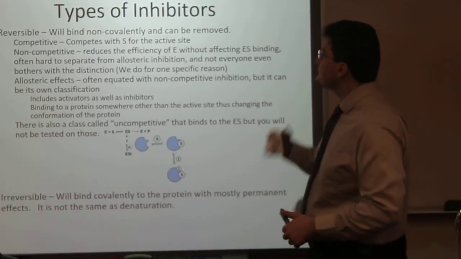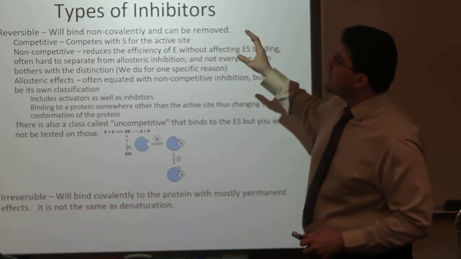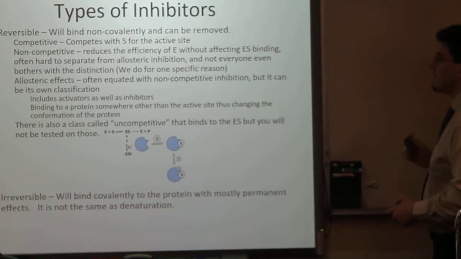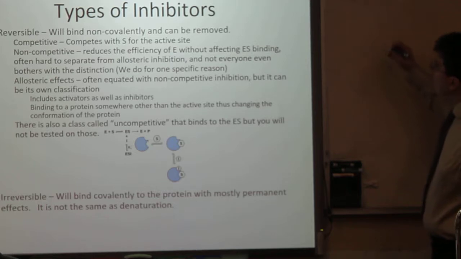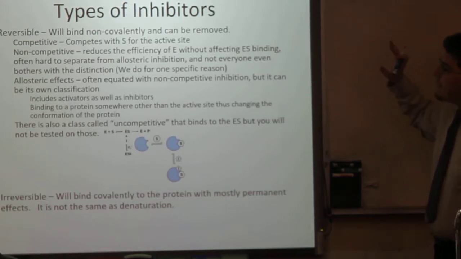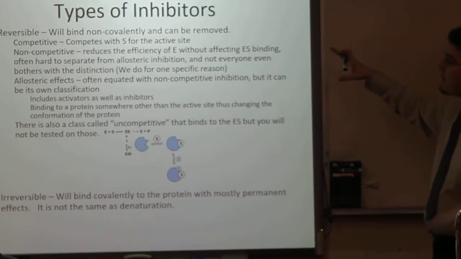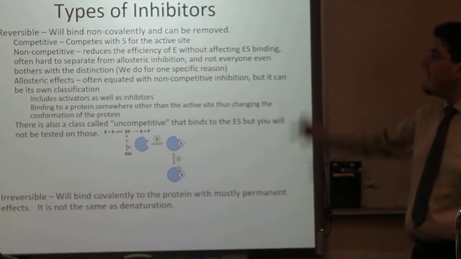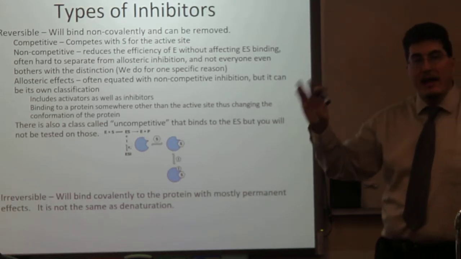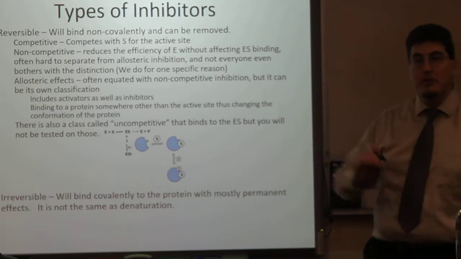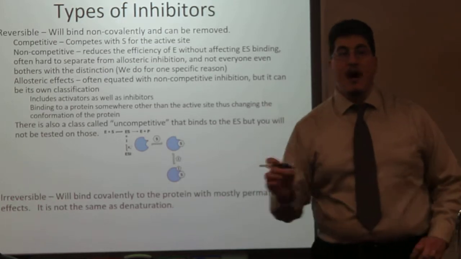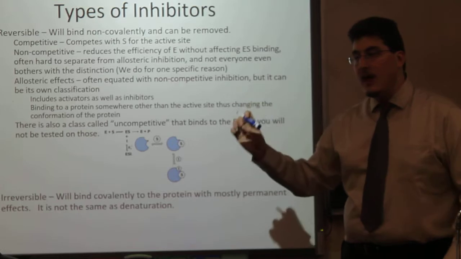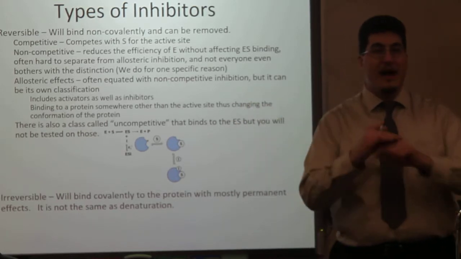So, our non-competitive inhibitors are going to bind to the enzyme, or bind to the enzyme-substrate complex, or something along those lines, and they're going to prevent the enzyme-substrate complex from moving to product. But they are not going to prevent the enzyme and the substrate from coming together at all.